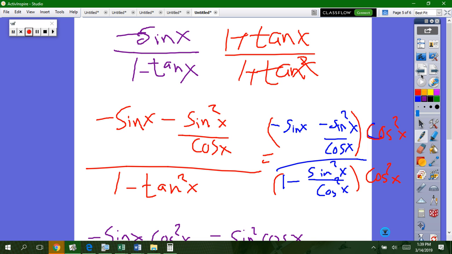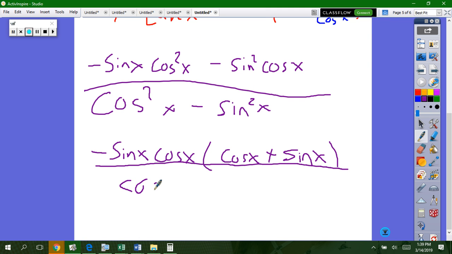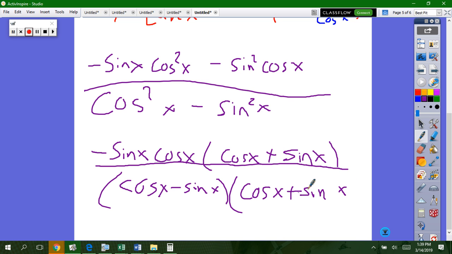But as Aaliyah just brought up, they are a difference of squares, right? And that difference of squares goes to cosine x minus sine x. What's the other side? Cosine x plus sine x. I wonder what's nice about that. What happens? Those guys are gone.